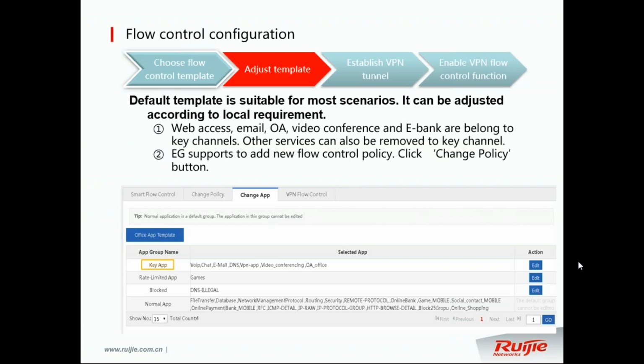And for expert, that means all the policies you need to add by yourself. For expert, there is no default key application. In these key apps, we can view all of the office scenario. This app group is the office scenario.